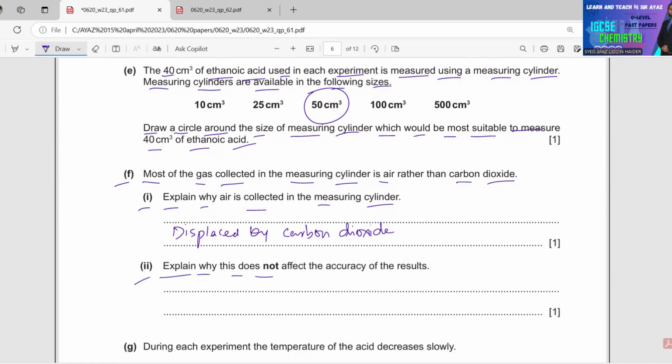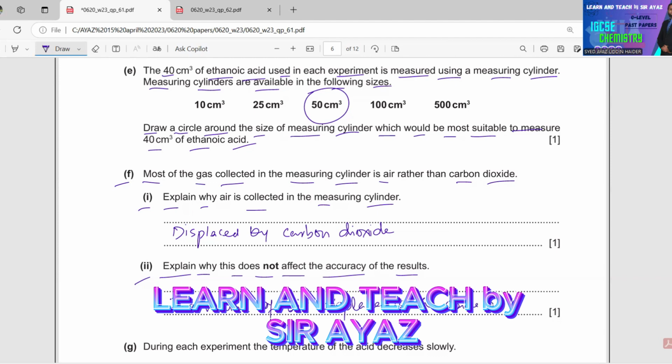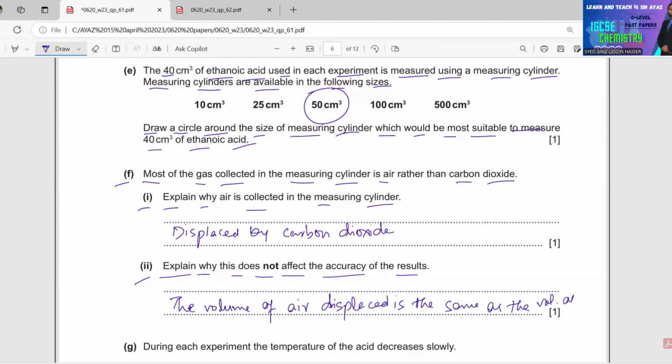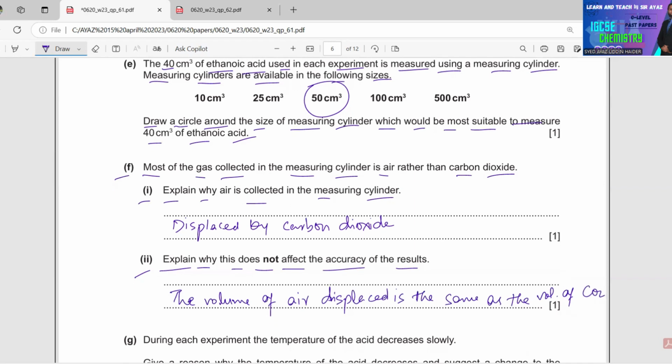Explain why this does not affect the accuracy of the results. Now, the volume of air displaced is the same as the volume of CO2. That's why.